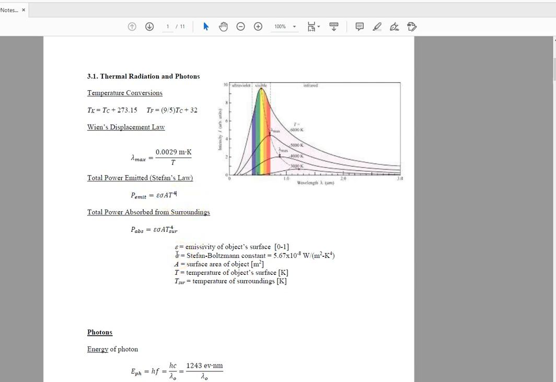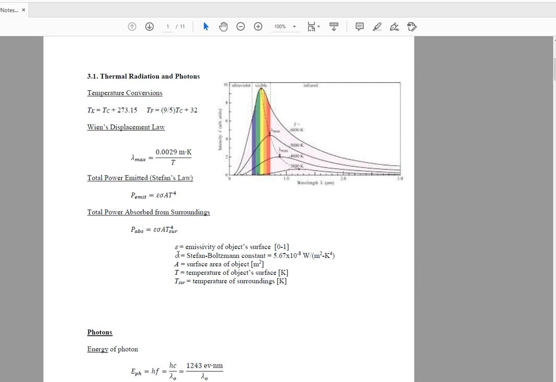The epsilon is something called the emissivity of the object's surface. And it's really like a fudge factor, if you will, because each surface is different. What's giving rise to the thermal radiation is the motion of the charges on the atoms and molecules. For certain surfaces, that motion is easier, if you will, or different than other types of surfaces.